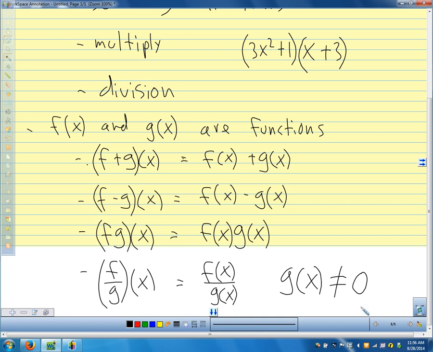Can anybody think of what's the next most complicated thing that we could do to combine functions? So these are all our arithmetic operations. That's another way we can put two functions together. I'll give you a hint.